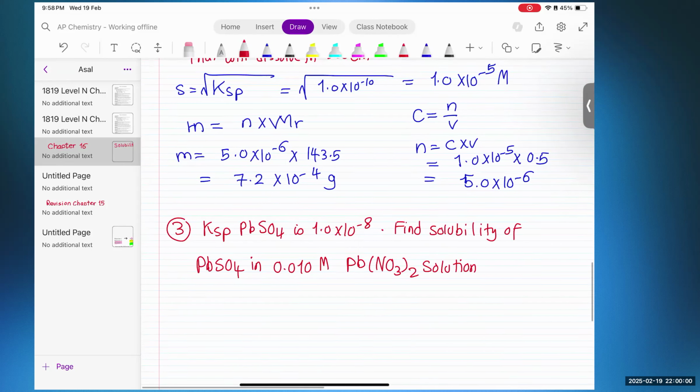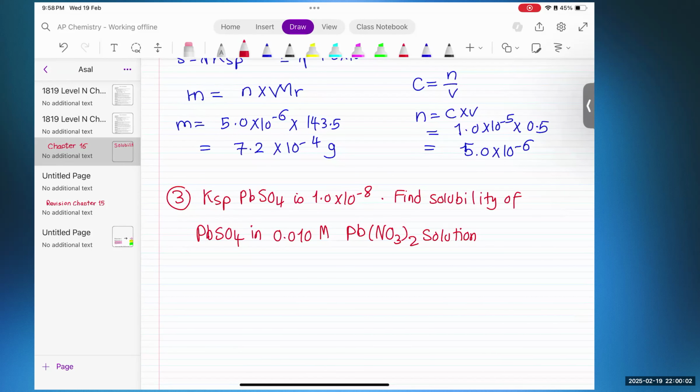Initially, mister, you have a solution of lead nitrate. So let's talk about the lead sulfate because this is the weakly soluble one, which breaks down into lead ions and sulfate ions in the ratio of 1 to 1. Initially, I did not start by anything here and anything here like the previous, but here comes the common ion.